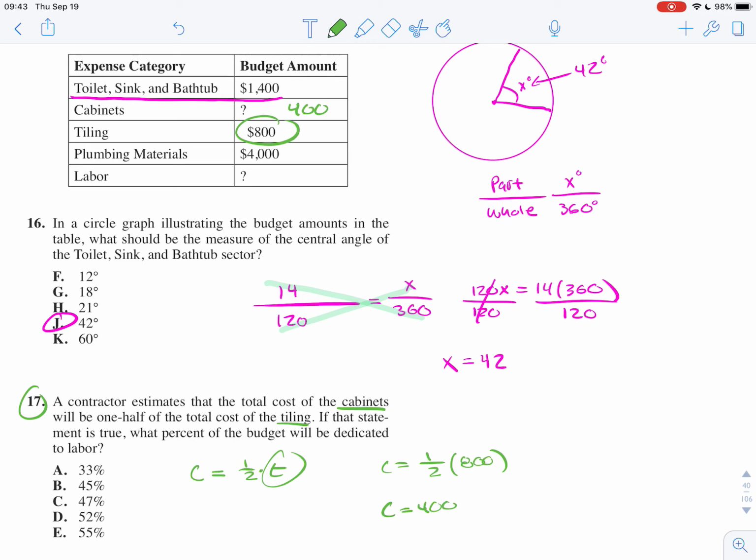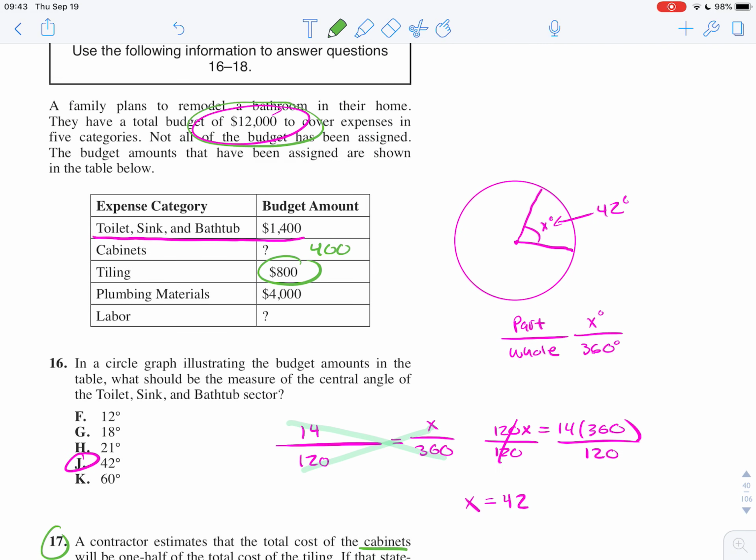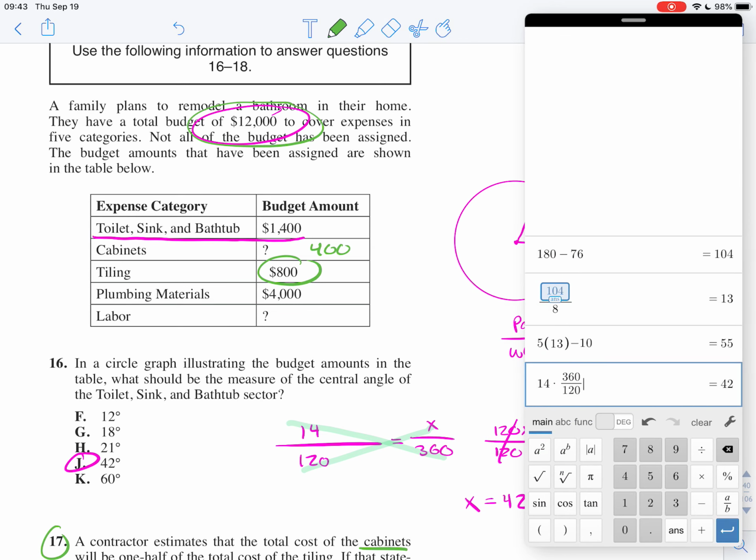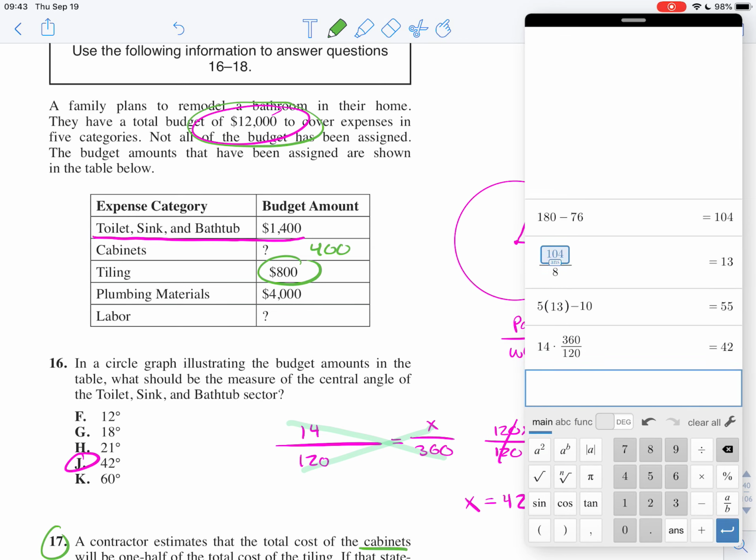Now, to answer the question, they're asking what percent of the budget will be dedicated to labor. Well, since we are told in the top here that we have a $12,000 budget, we can go ahead and subtract all of the other budget amounts from 12,000, and that would give us our labor.